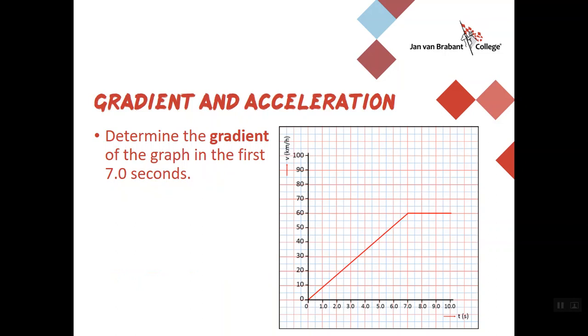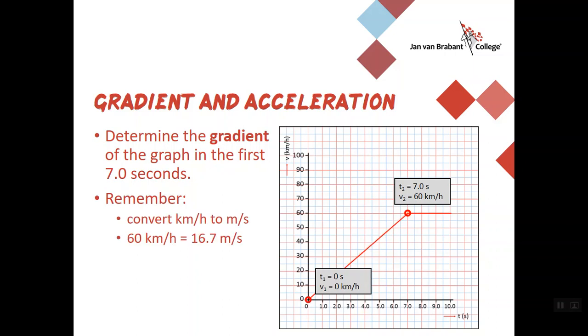When you have a velocity time graph, you can also determine the gradient, which will give you the acceleration as well. Remember, your maths teacher has taught you that the gradient is the change in y divided by the change in x. In our case, that means that the gradient is the change in velocity divided by the change in time. The change in velocity is 60 minus 0, which is 60 kilometers per hour.